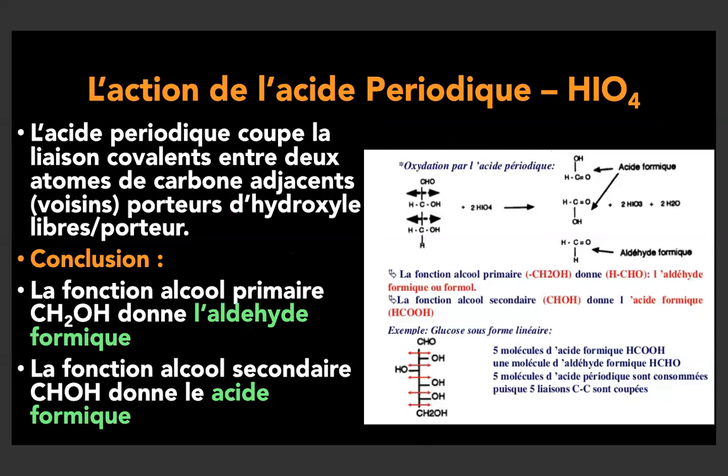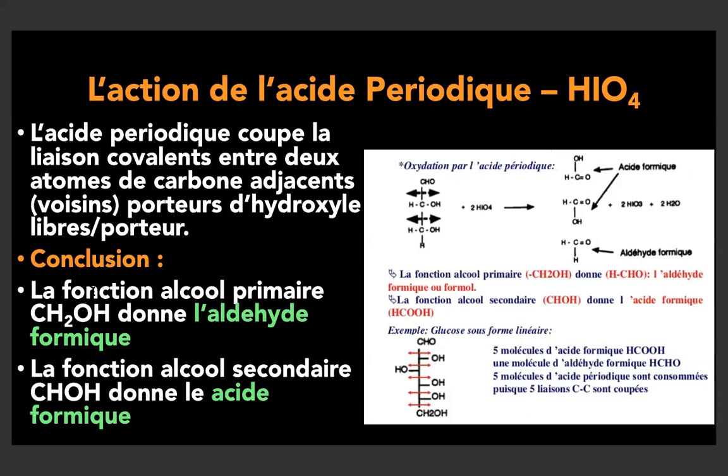So the last part is the action of periodic acid. What this basically does is cut the glucide molecule into parts. When periodic acid reacts with a molecule like this one, it first cuts it into one portion that is formic acid and the other one formic aldehyde.